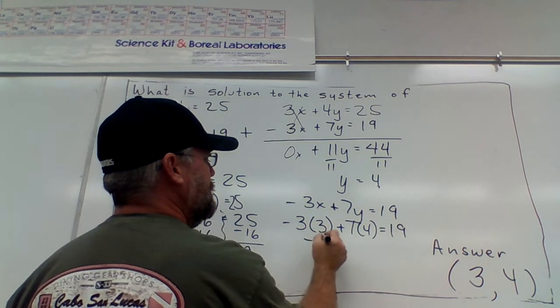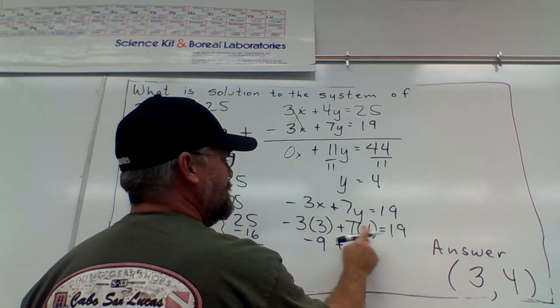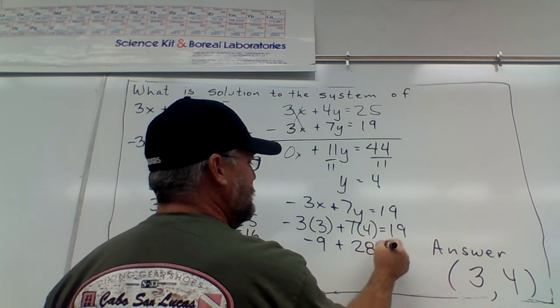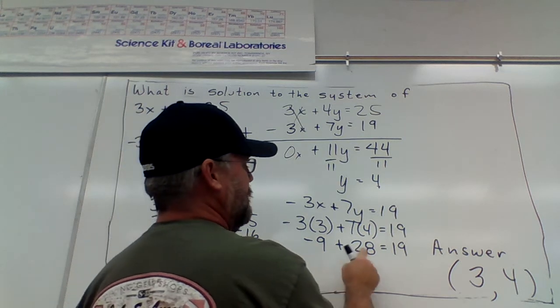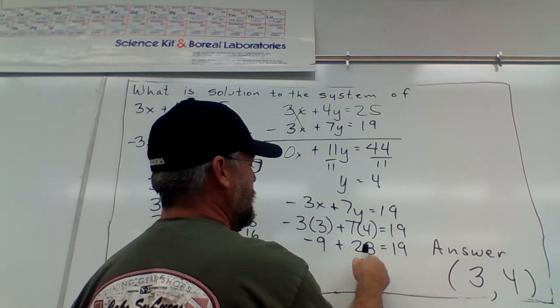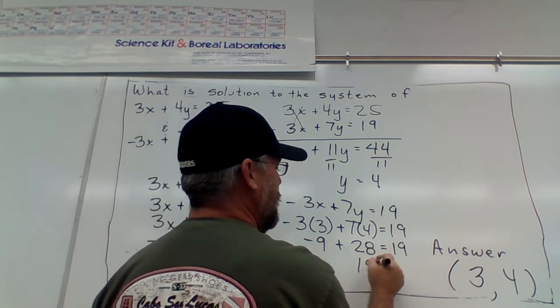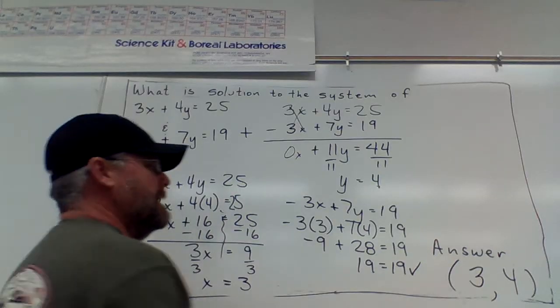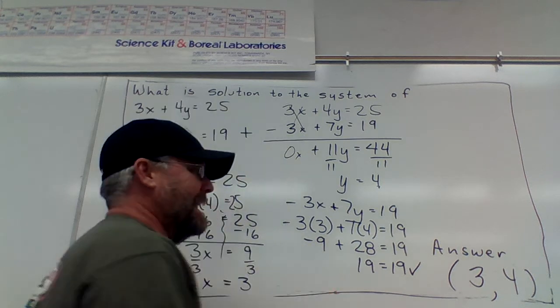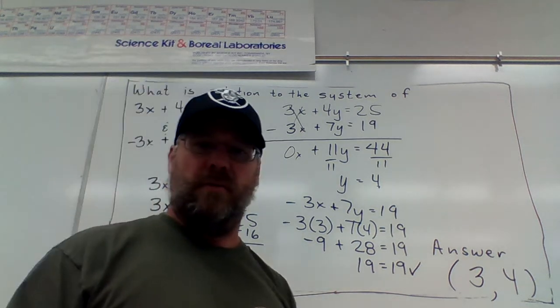Negative 3 times 3 is negative 9, plus 7 times 4 is 28. Does that equal 19? If I take 28 and subtract 9, I do get 19. 19 equals 19, and yes, indeed, that checks out. And the answer is (3, 4).